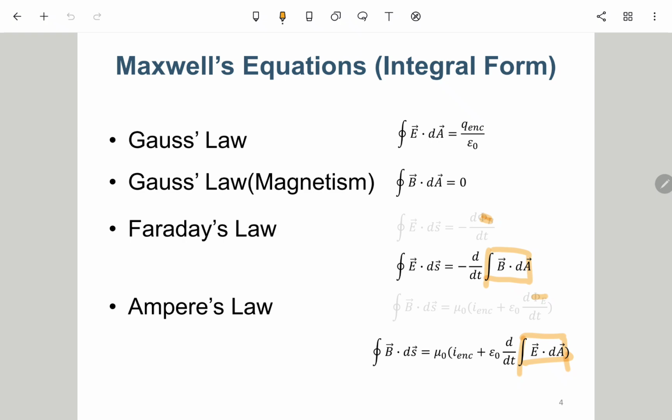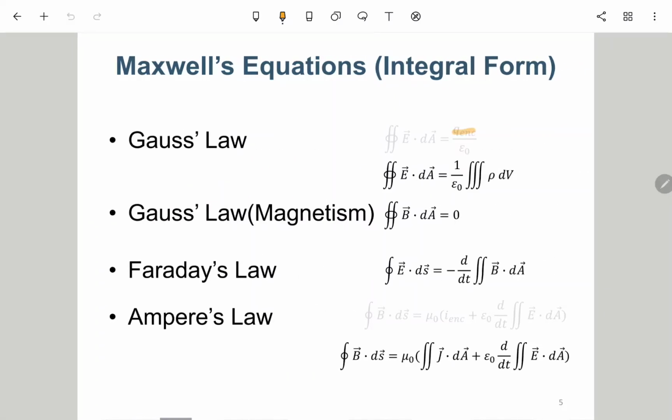In the textbook we are using, all of the integrals use a single integral sign. But if you check other material or mathematics textbooks, they will separate it and write it in a more precise way.